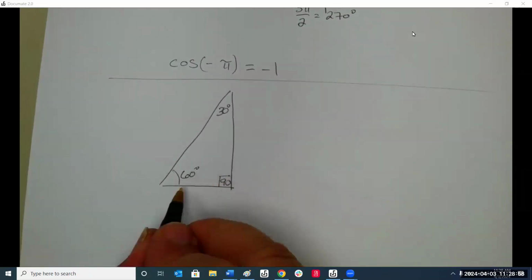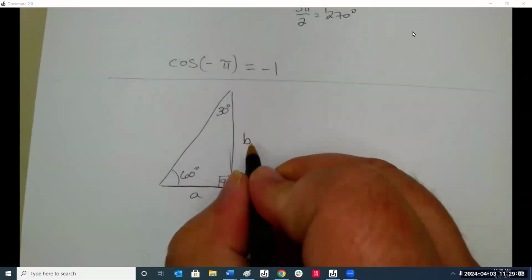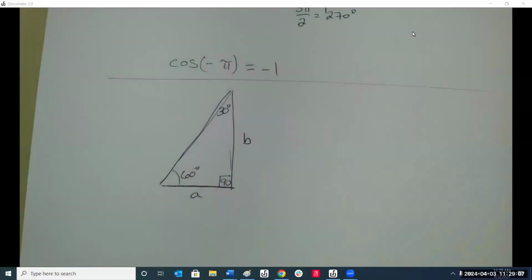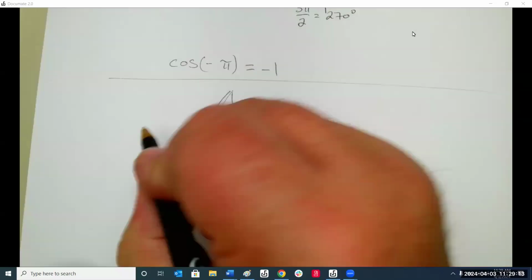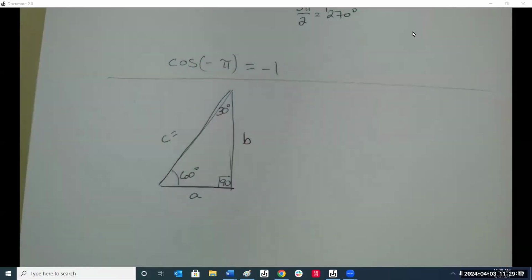All right, so we'll call this one A. We'll call this B. What's that length going to be? Well, it's going to be C, but what's it going to equal? Always. That's the only thing we talk about in trigonometry.